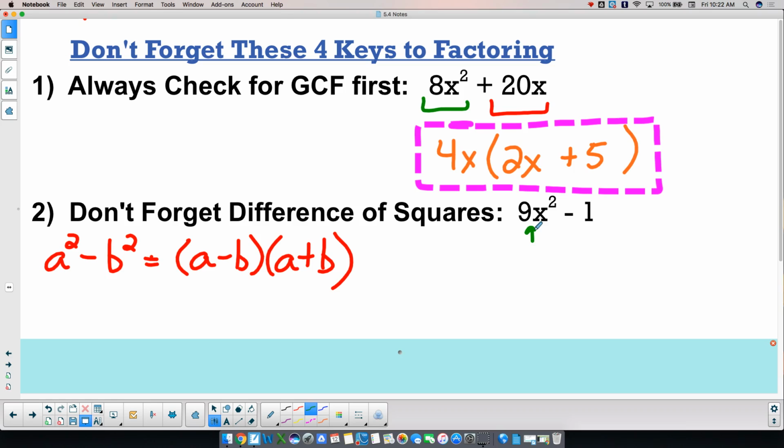If it's a multiple of 4, it's a perfect fourth, and so on and so forth. Okay? So 9x squared is a perfect square. It is 3x quantity squared. Is 1 a perfect square? Yeah, the first one on your list, right?